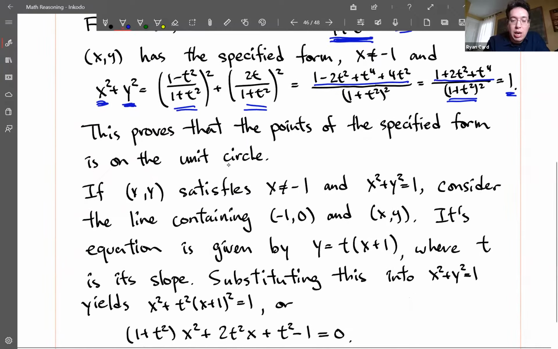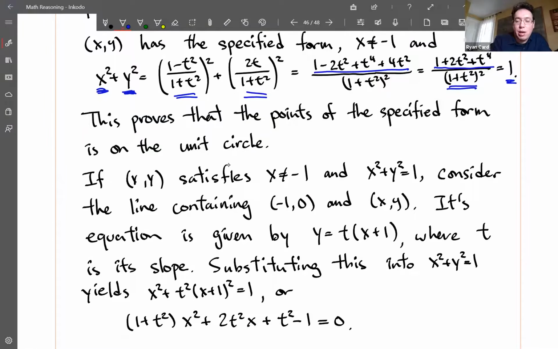Any line that you draw through that looks like this. The reason it has this form is that it's a linear equation, and it has to pass through the point (-1, 0). So if you plug in -1 for x, you'll get 0 for y. So it has to be that form.